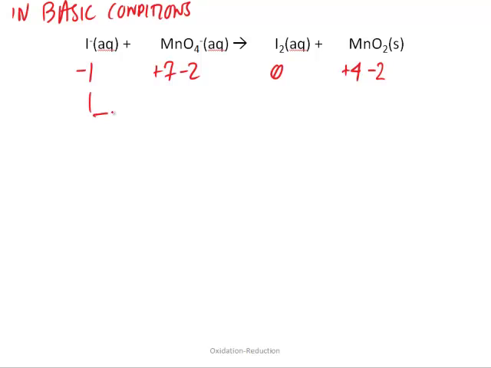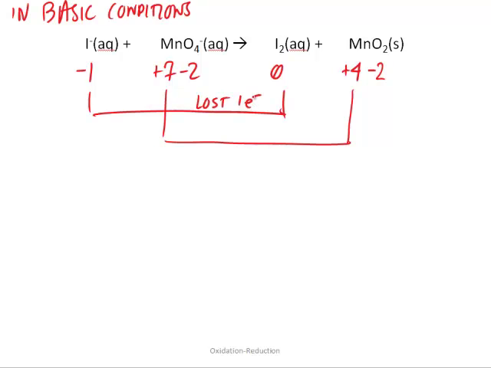Okay, so now iodine has lost an electron, manganese has gained 3 electrons, so we can say that this is lost 1 electron, gained 3 electrons.